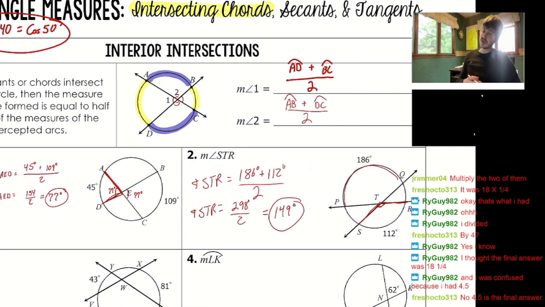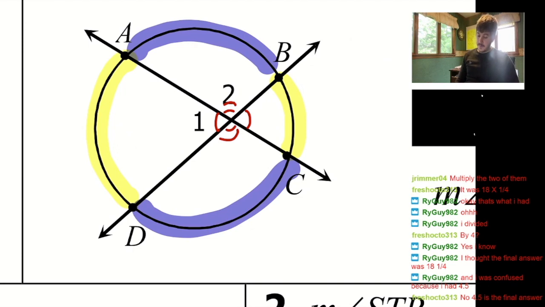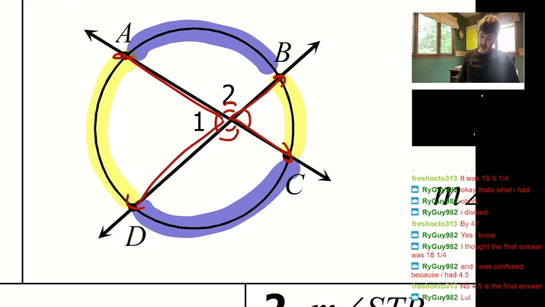It just matters which angles you're looking for. Big thing to keep in mind is angle 1, the intercepted arcs are the yellow ones right here, and its vertical side over there. If you were looking at angle 2, you'd be using those purple arcs instead.